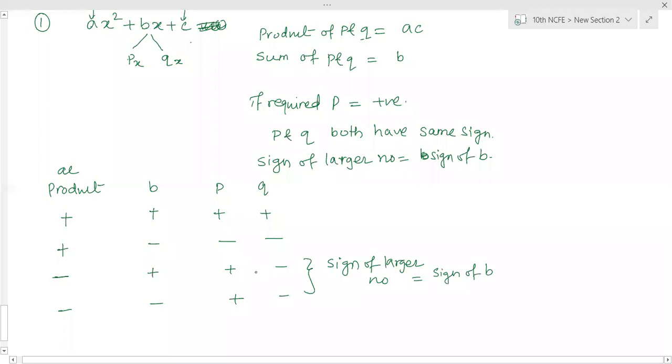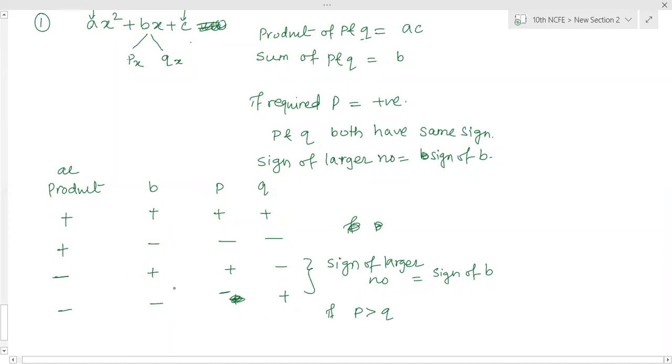If the larger number is p and b is positive, then p should be positive. If p is greater than q and b is negative, then p will be negative and q will be positive. So the larger number should have the sign of b.